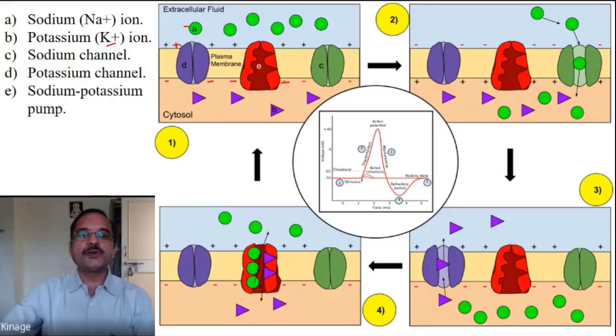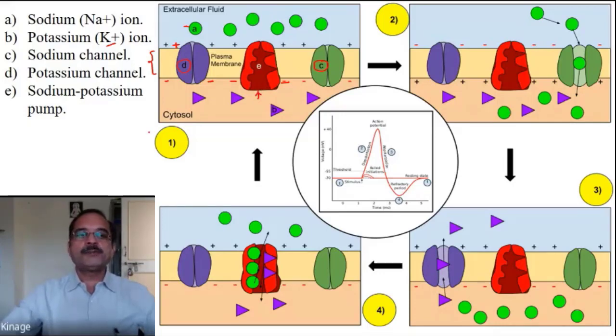This is the cell membrane, or we can say the boundary. And C, D, and E are the channels. C is the sodium channel, D is the potassium channel, and E is called the sodium potassium pump.